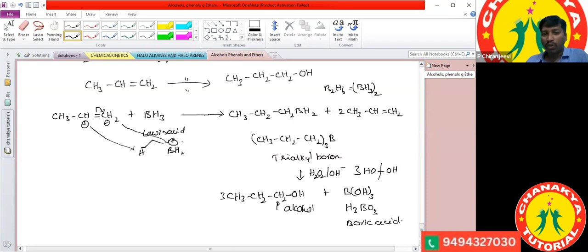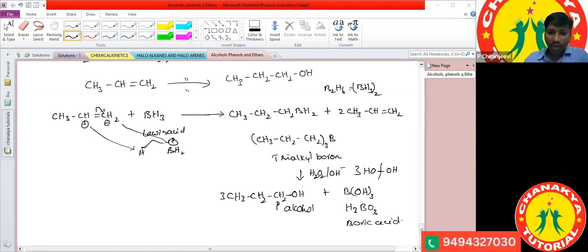Even in the state board, they directly ask the question, what is the hydroboration oxidation reaction? You have to write all these reactions here. The complete mechanism you have to write. Okay. Is that clear?